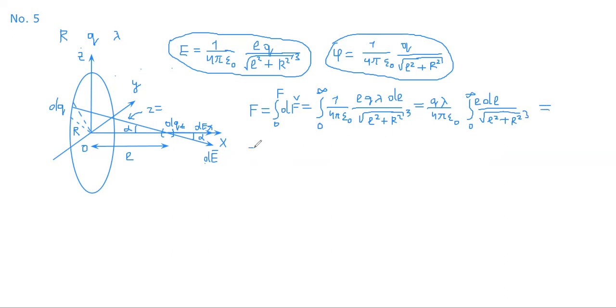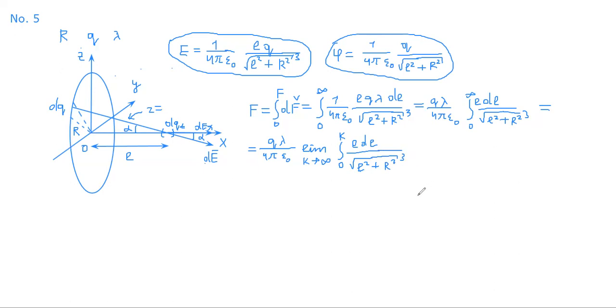And it can be written as q λ divided by 4π ε0, limit k to infinity, the integral from 0 to k of L dL divided by the square root of L squared plus R squared to the power of 3.